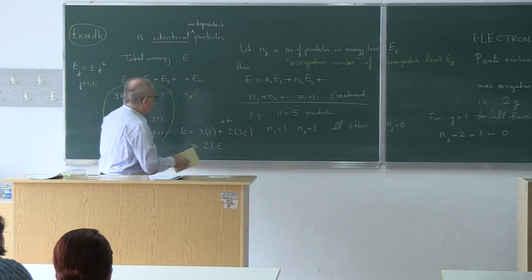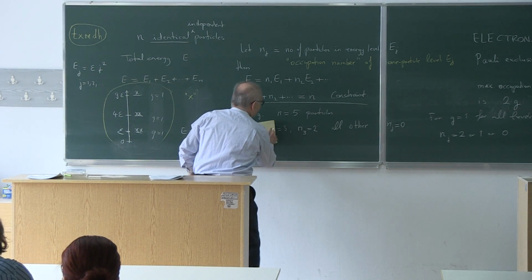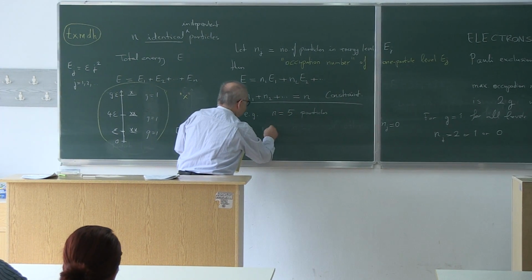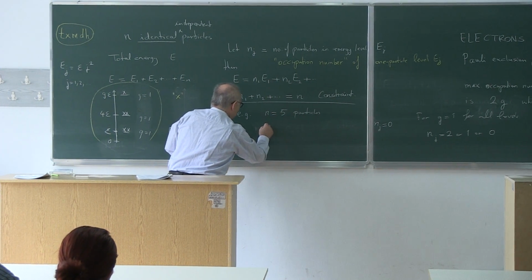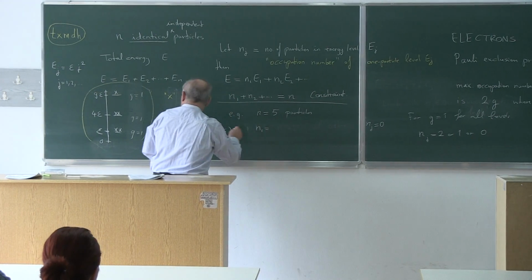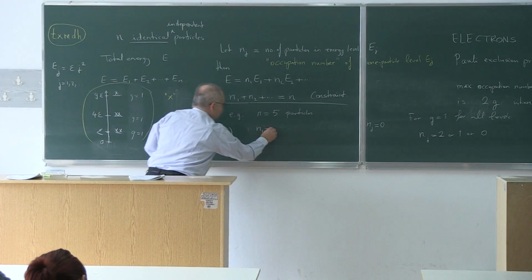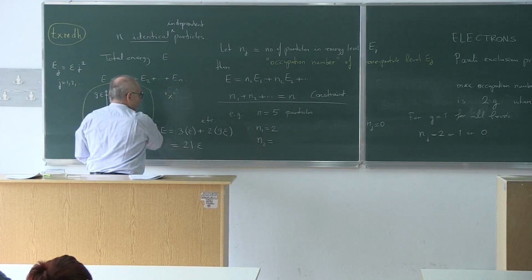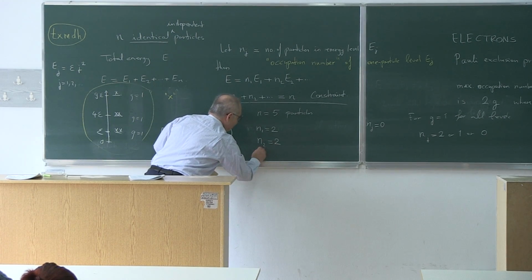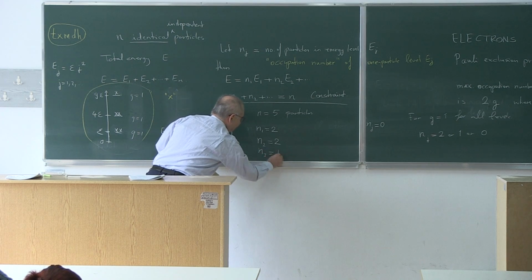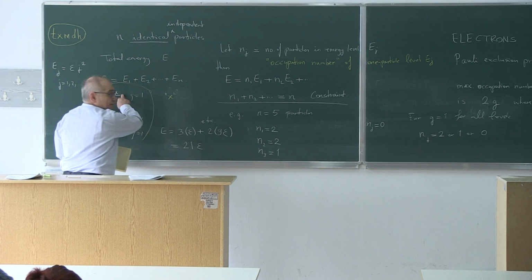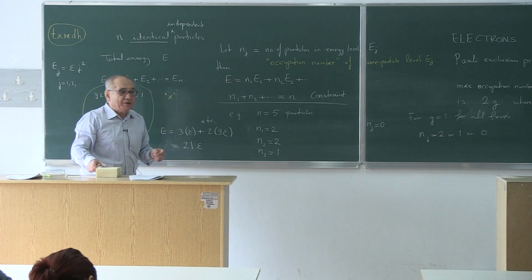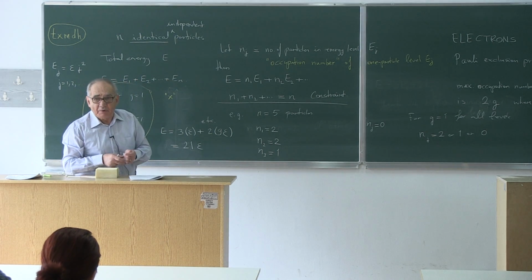So this means N1 is 2, N2 is also 2, N3 is 1, and all the remaining occupation numbers are 0.